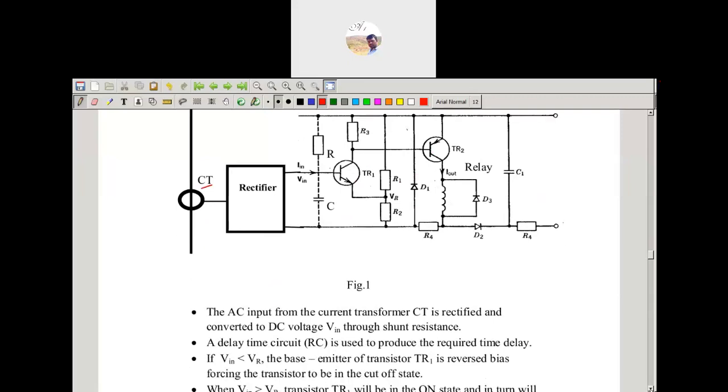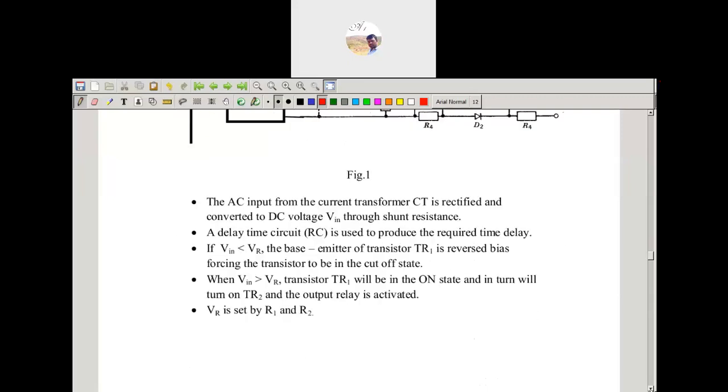Here we can see the AC input from the current transformer is rectified and converted to DC voltage through the shunt resistor, and the delay time circuit is used to produce the required time delay.